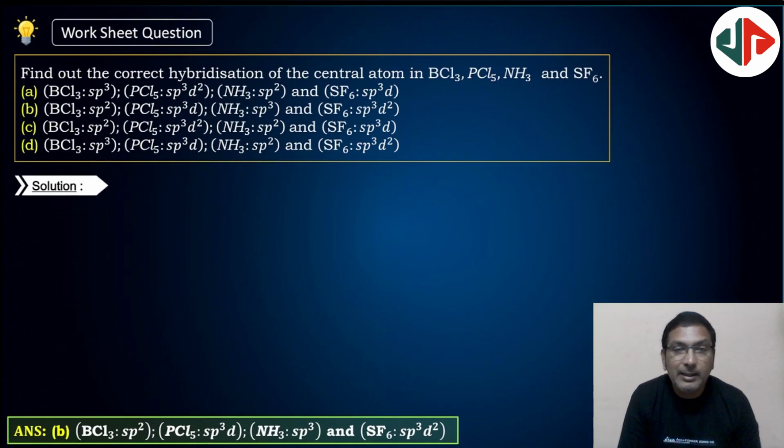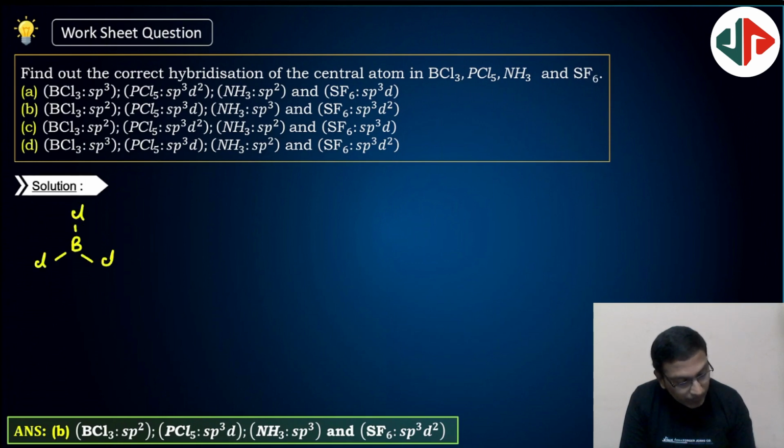Find out the correct hybridization of central atom in BCl3, PCl5, NH3 and SF6. So BCl3. So hybridization of BCl3 is sp2 and which is planar.